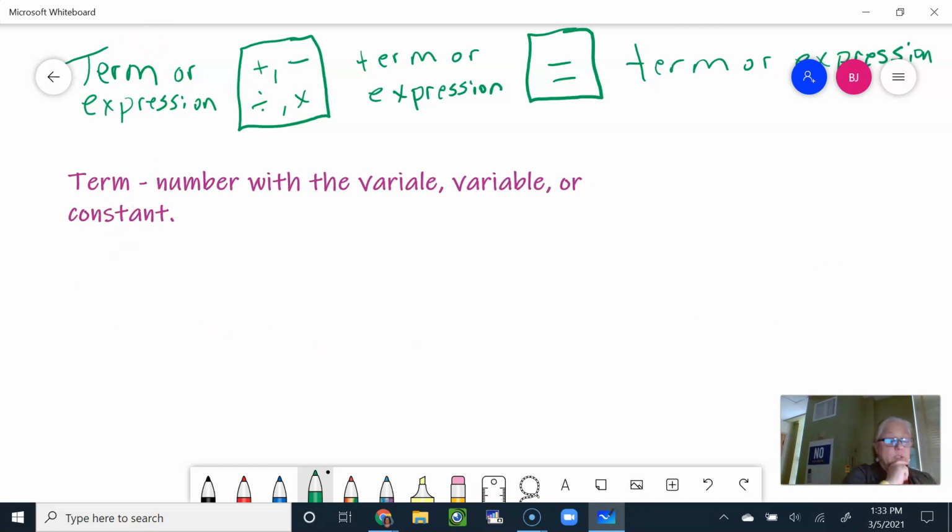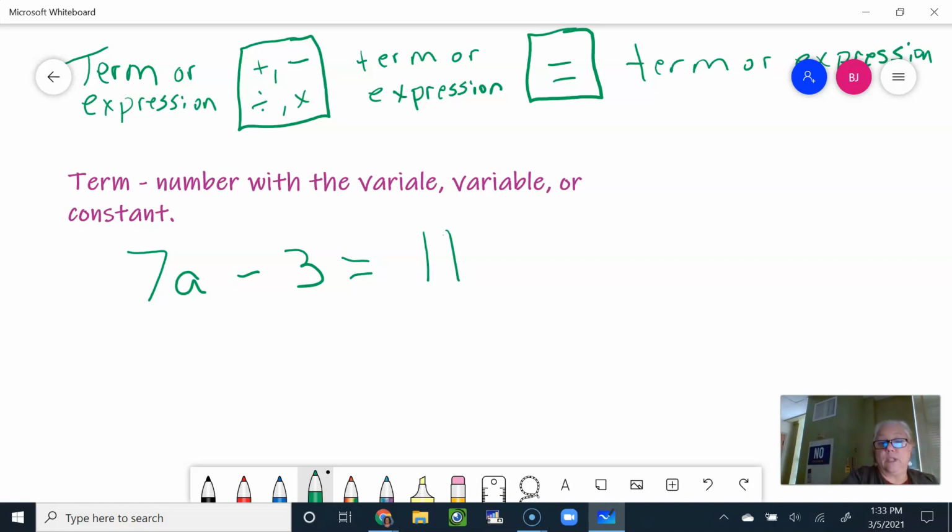When it says a term or expression, you might have something that looks like 7a minus 3 equals, let's say, 11. Okay? 7a minus 3 equals 11. This would be an equation.